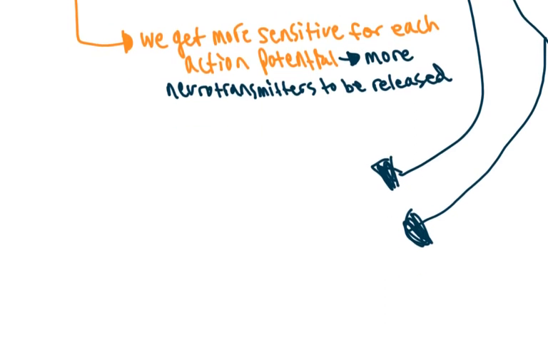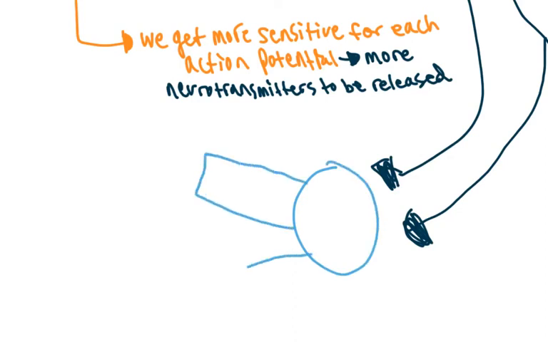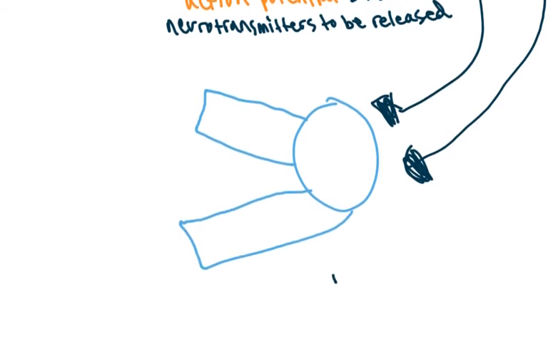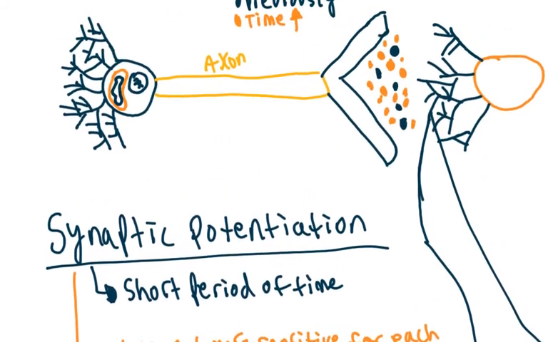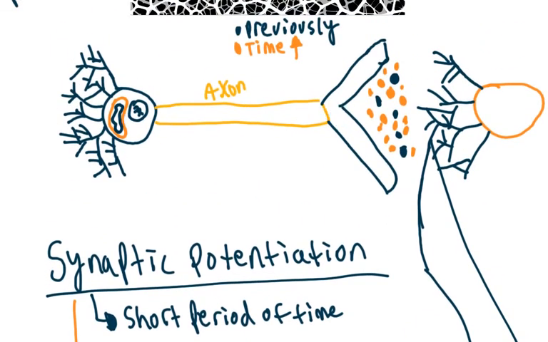Let's draw our cell body first, and then two humongous dendrites. And remember, this is going to be the postsynaptic cell, or in this case, the postsynaptic neuron. And remember, the presynaptic neuron is this neuron right here. All right, and we just zoomed into one of these dendrites.